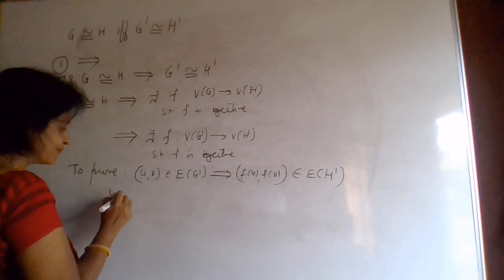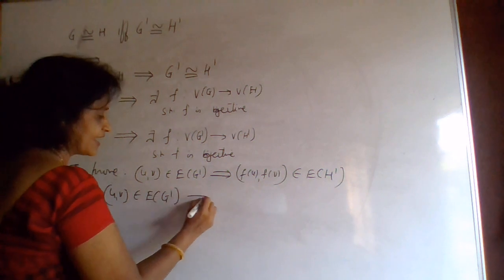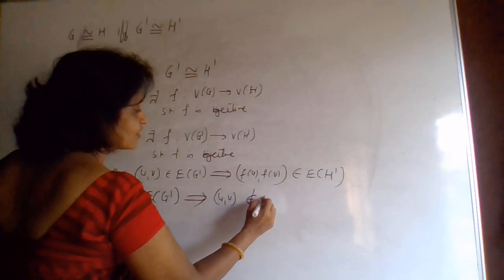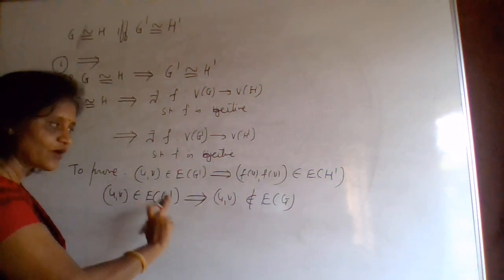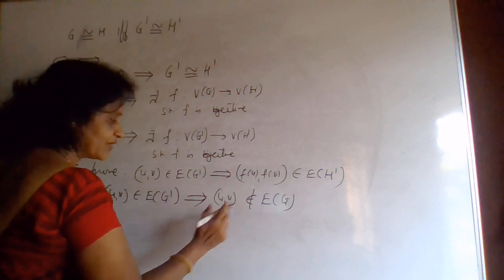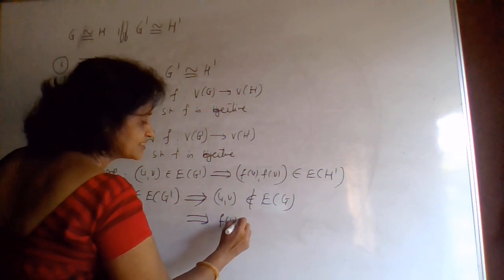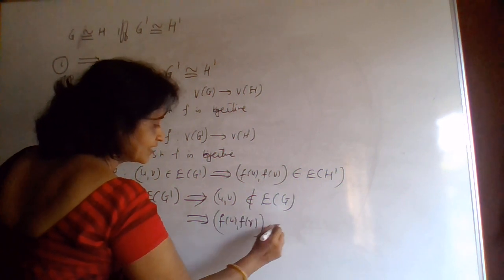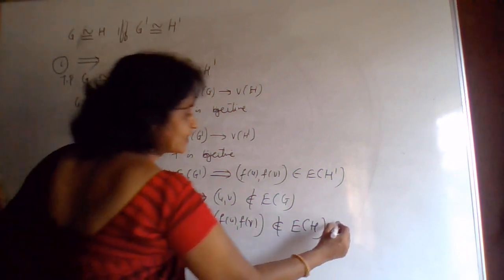Now clearly UV belongs to the edge set of G dash. That gives us UV does not belong to the edge set of G. Why? Because G and G dash are complements. Now UV does not belong to E of G. That means FUFV does not belong to the edge set of H. Why?